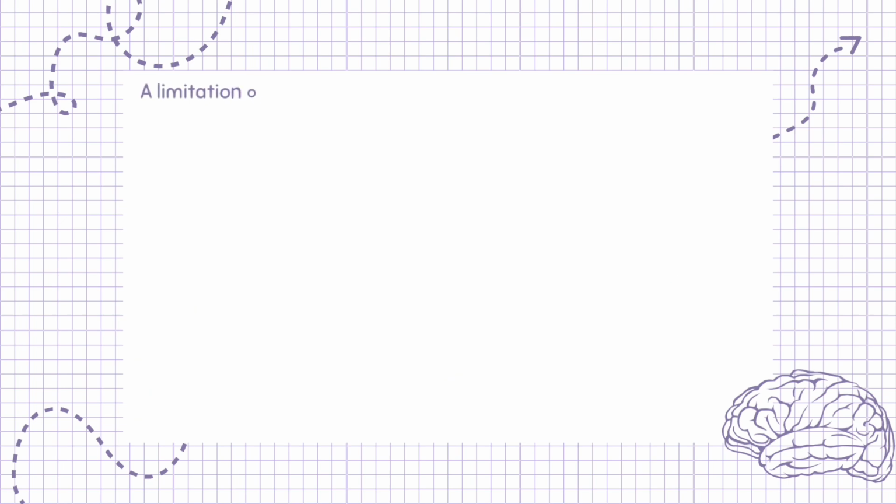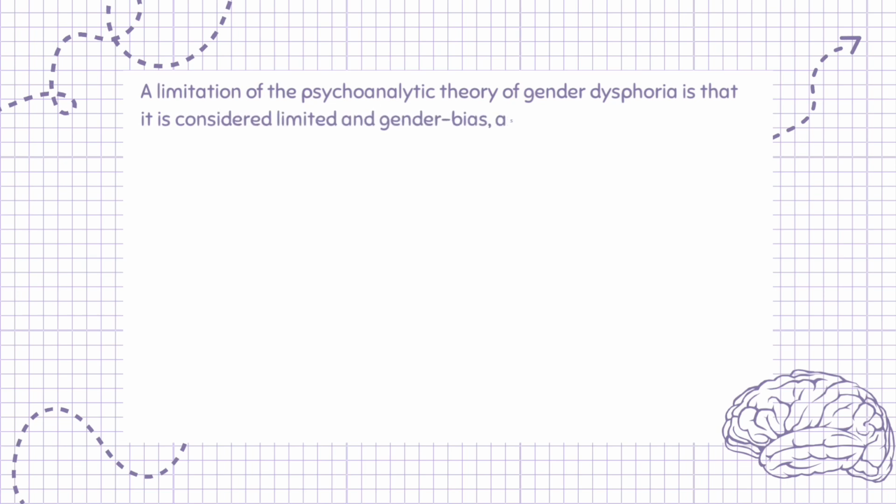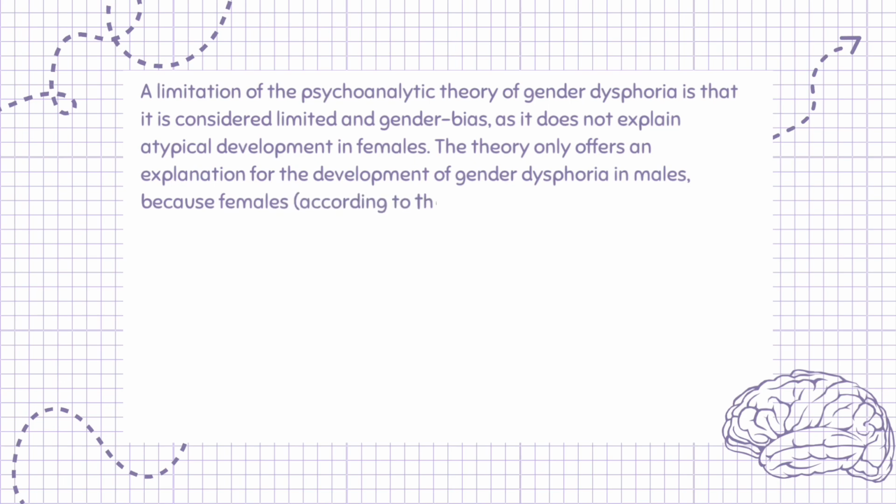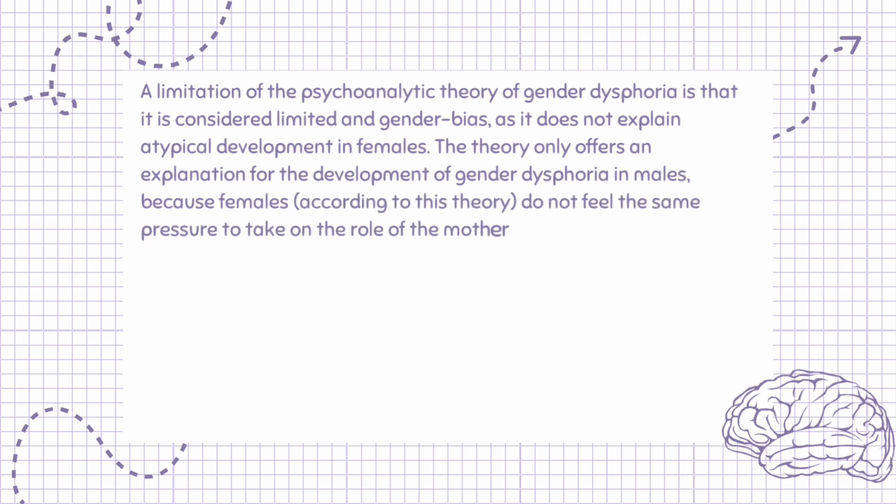A limitation of the psychoanalytic theory of gender dysphoria is that it is considered limited and gender biased, as it does not explain atypical development in females. The theory only offers an explanation for the development of gender dysphoria in males, because females, according to this theory, do not feel the same pressure to take on the role of the mother in fear of separation.